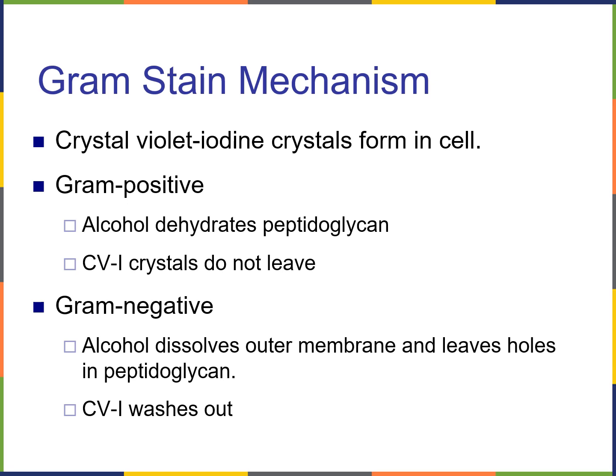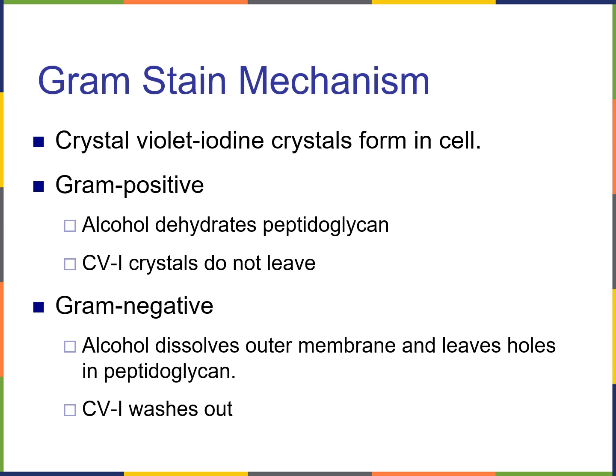It's the first stain that you use, and it stains all cells purple. The next step is that you add your mordant, which is your Gram's iodine. What the mordant does is bind to the crystal violet to form crystal violet iodine complexes in the cell, and these are fairly large complexes.